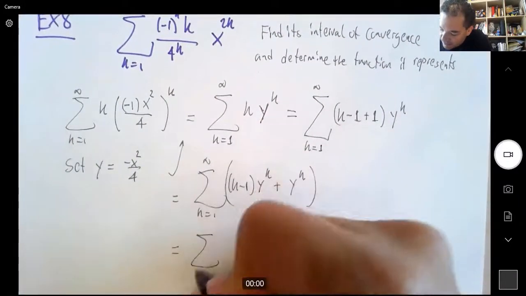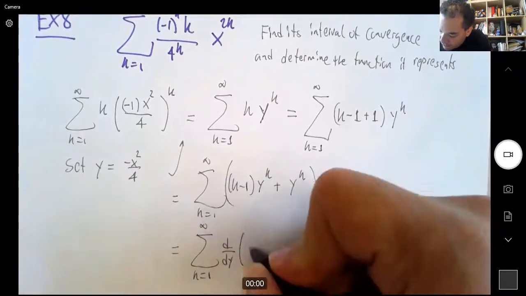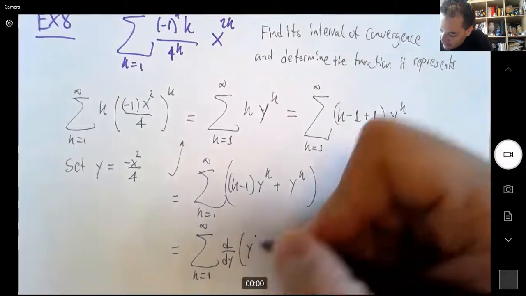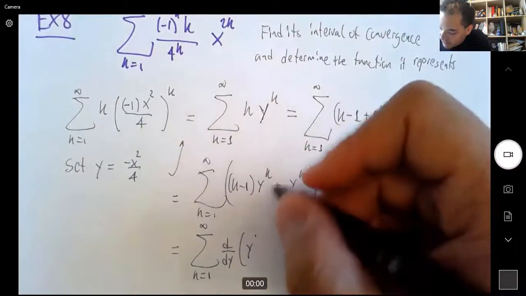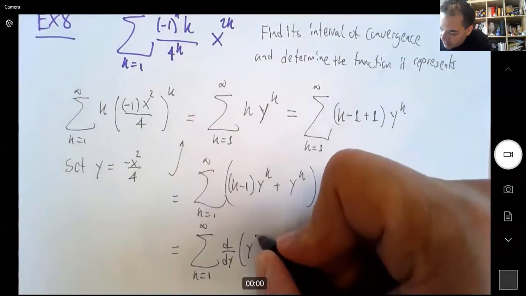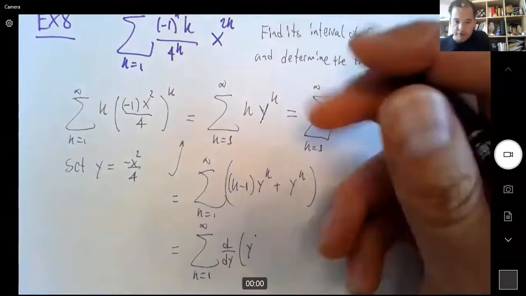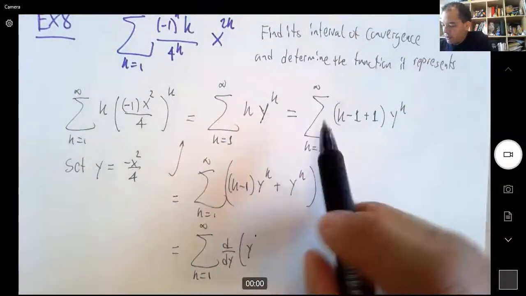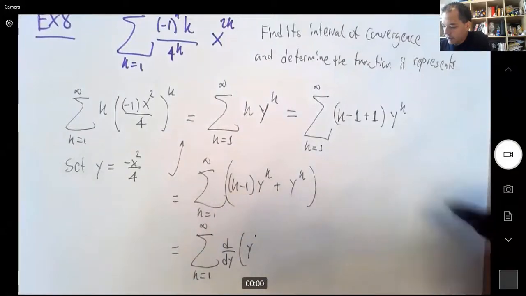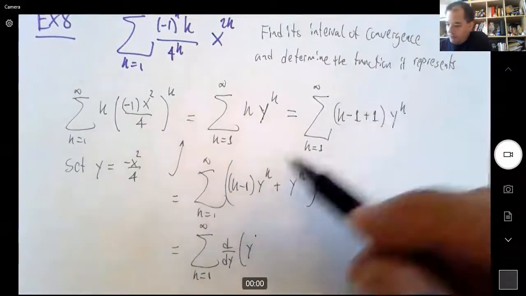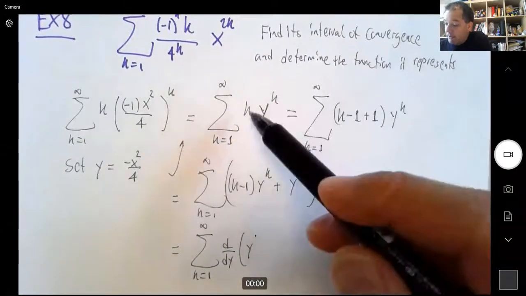Like we said, this first part looks like the derivative of y to the k. Hold on a second, there's something weird here. I did it wrong, right? What is it that I want? I want the exponent.